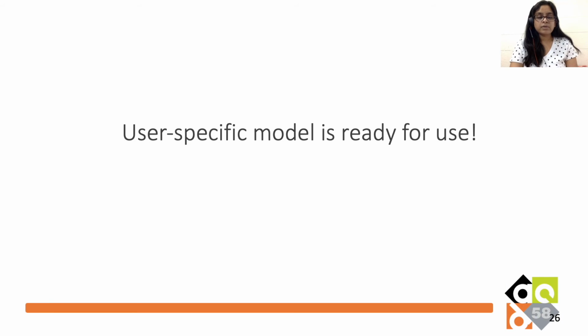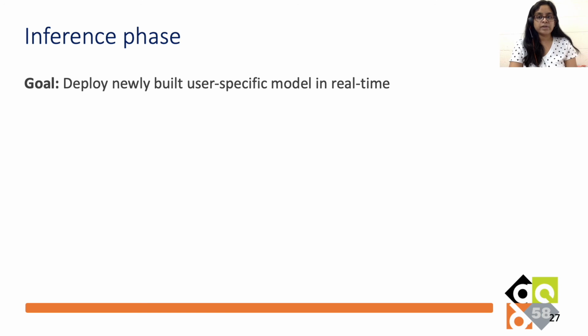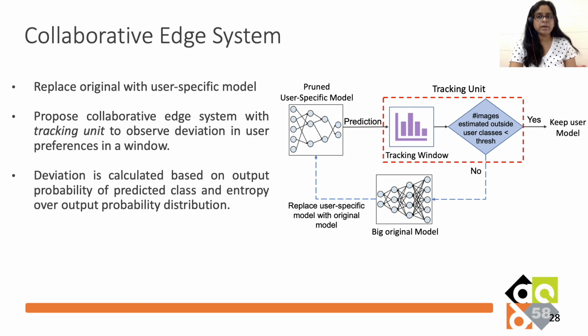So now that we have a user-specific model, this marks the end of the pruning phase. And the user-specific model is ready to use. And we move into the inference phase where we deploy the new model in real time. We replace the original model with the user-specific model, and we also develop a collaborative edge system. This collaborative edge system helps in tracking user preferences.